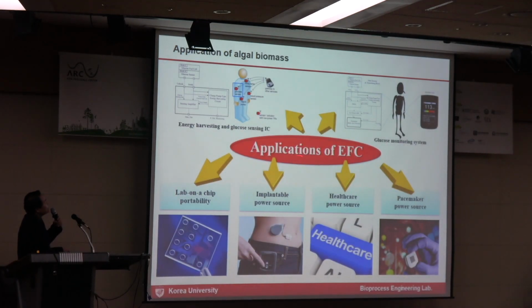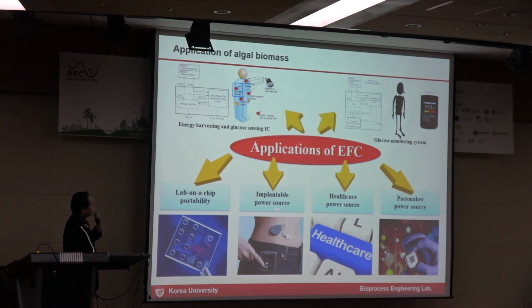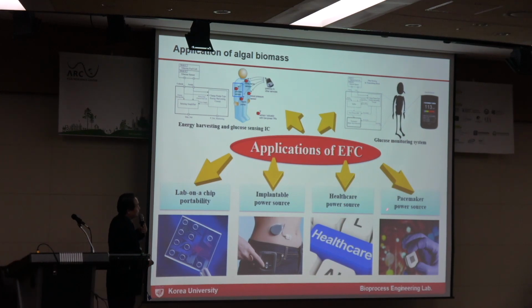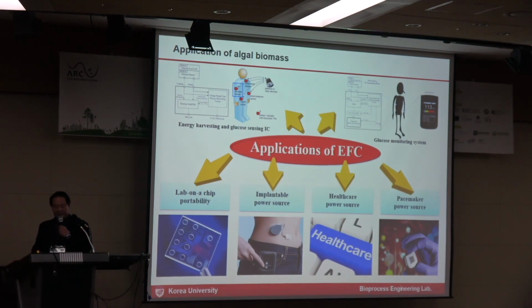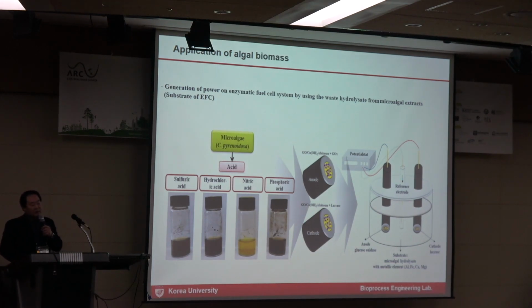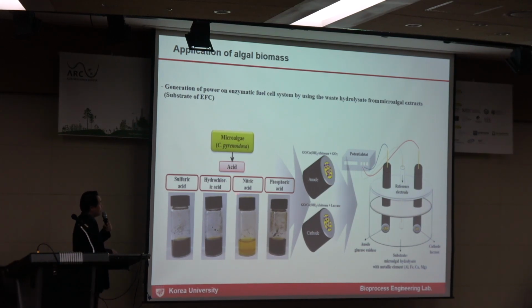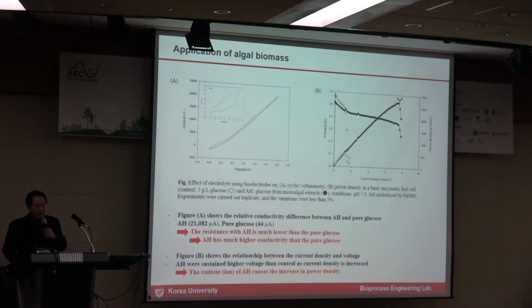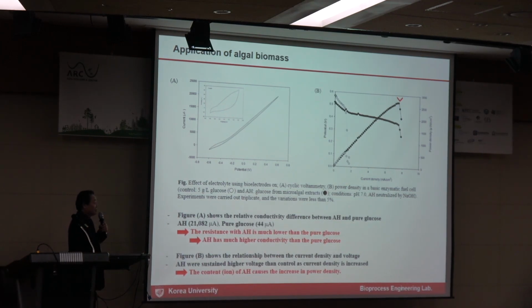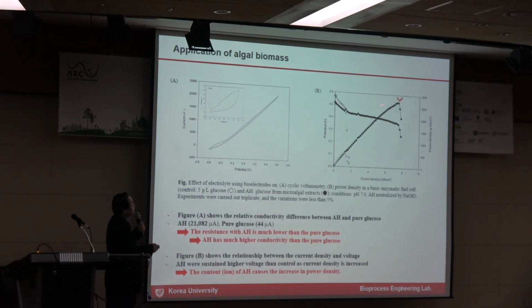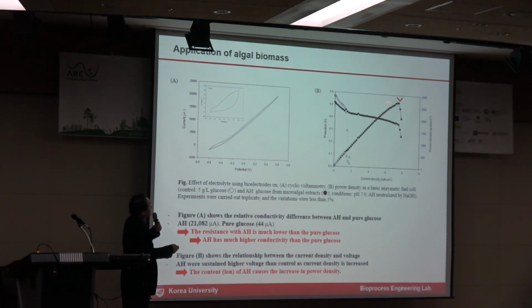You can see the applications of enzymatic fuel cells, like laboratory, implantable devices, healthcare, and pacemakers. As a substrate, we can use algal hydrolysate after pretreatment. This shows the cyclic voltammetry. This is the control. The scale is different. It was quite successful, and we could get higher power density here.